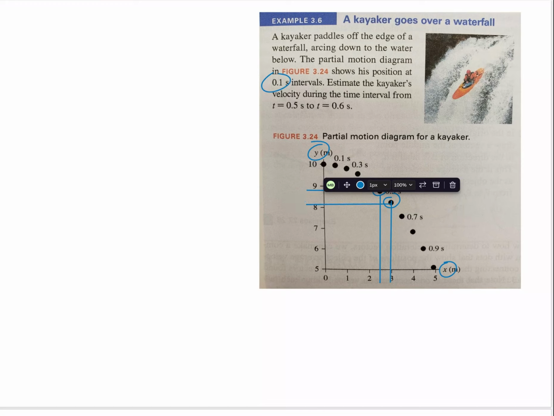There. So for the 0.5 seconds going to the y-axis, it would be about 875. And for the 0.6 seconds going to the y-axis, it's about 0.25 or 0.2. Well, what we care about is the change.